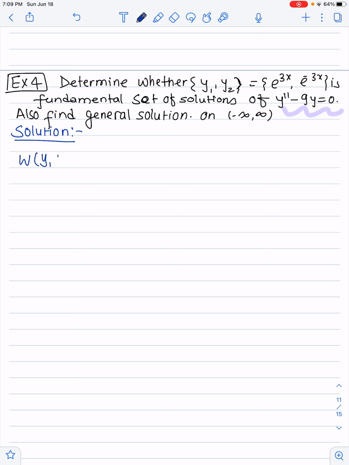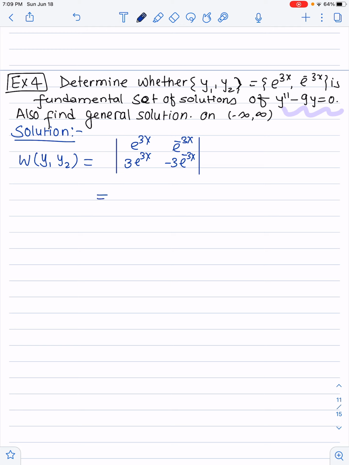The Wronskian of y1, y2 is the determinant of e to the 3x, e to the negative 3x, and I need to take the derivative. The derivative of e to the 3x is 3 times e to the 3x, and the derivative of e to the negative 3x is negative 3 times e to the negative 3x. Because we just have two functions, we just need the first derivative, so it should be 2 by 2.